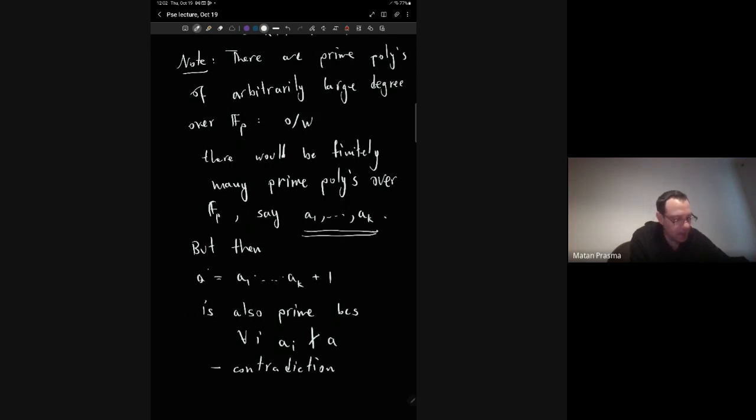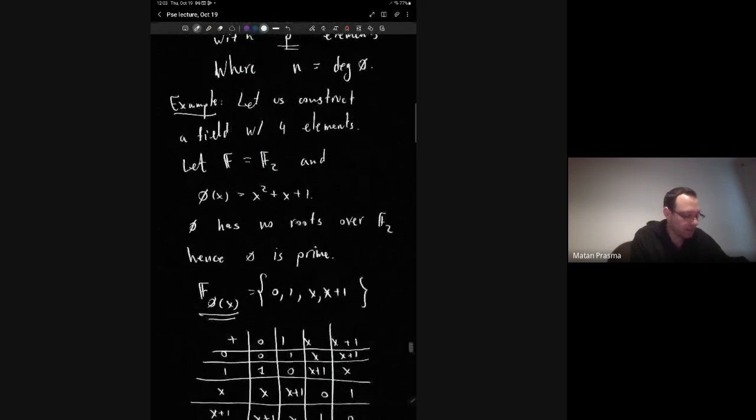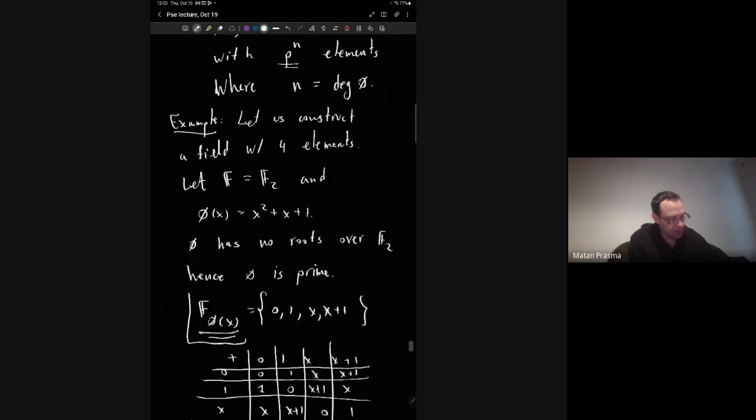It means that I have to have infinitely many prime polynomials, and so of course I would get fields F sub phi, or fields of p to the n elements with n as large as I wish, but possibly I don't know that for every integer n I can get a field of p to the n elements.